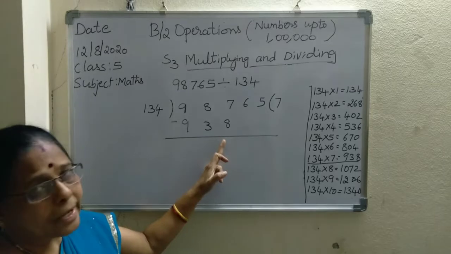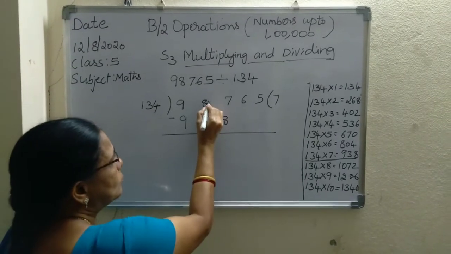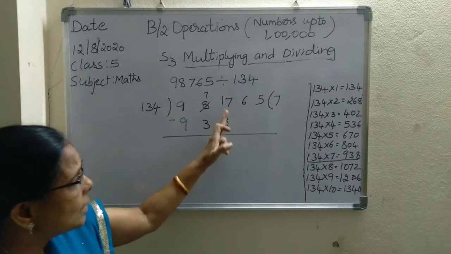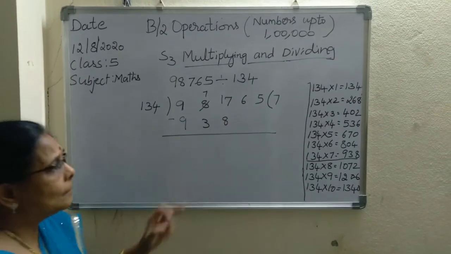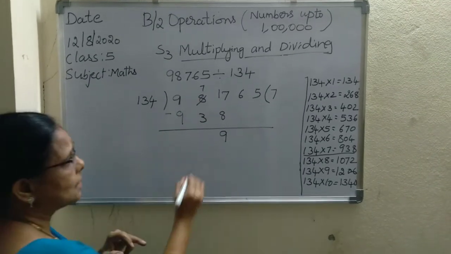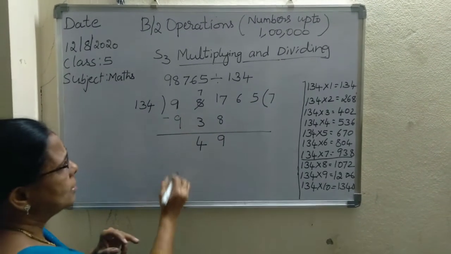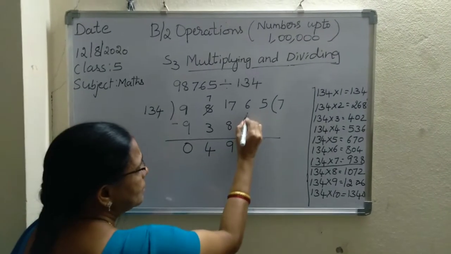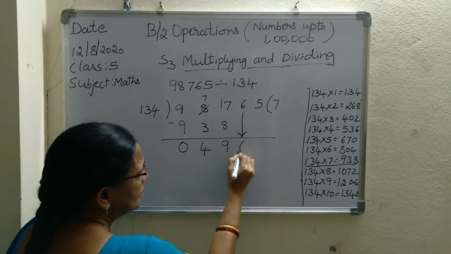Now 7 minus 8, you can't subtract. You have to take borrow from 8. Now 17. 17 minus 8 is 9. 7 minus 3 is 4. 9 minus 9 is 0. Now bring 6 down.